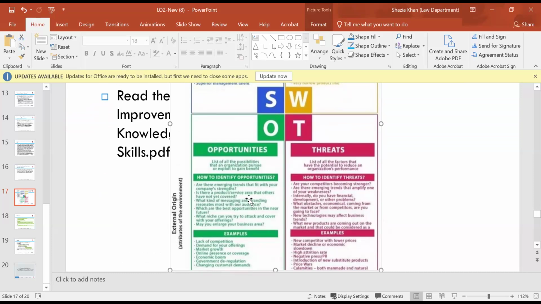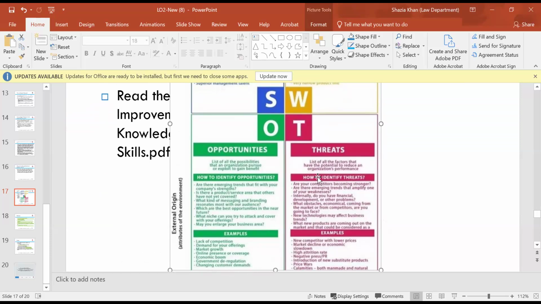How do I identify the opportunities? Are there emerging trends that fit in with the company's strengths? Which are the best opportunities? Examples could be lack of competition, demand for your offerings, market growth.